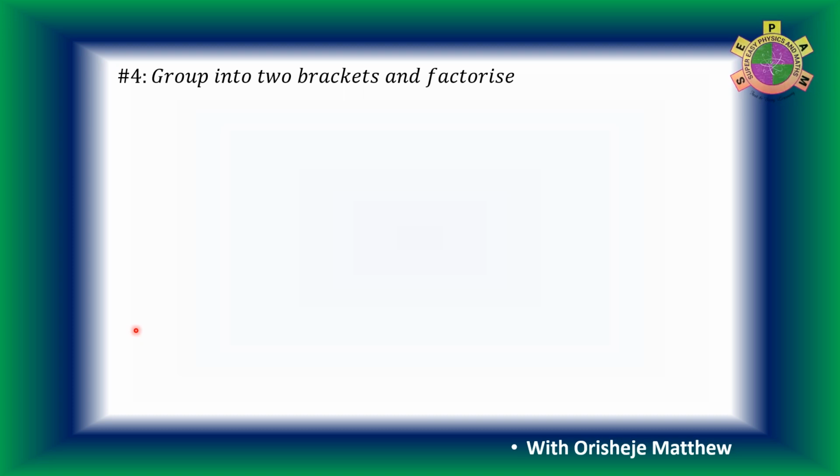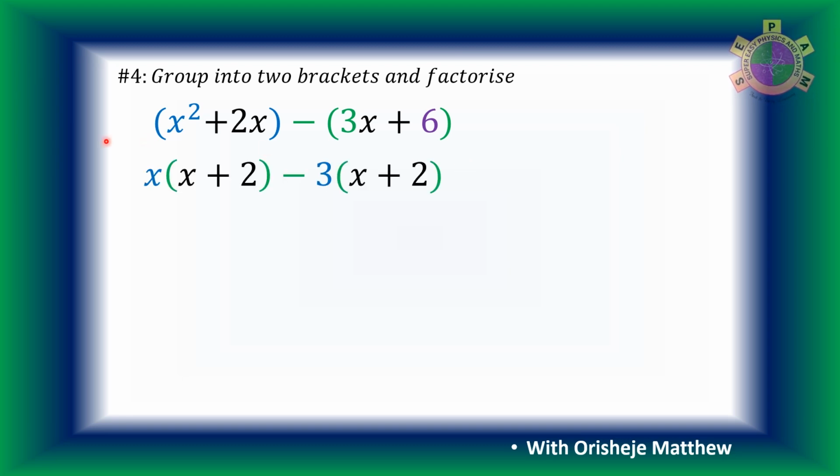Group into two brackets and factorize. That will give us x squared plus 2x, take away 3x plus 6. So the first bracket, x is common, bring it out. Then the second bracket, 3 is common, you factorize 3 out.